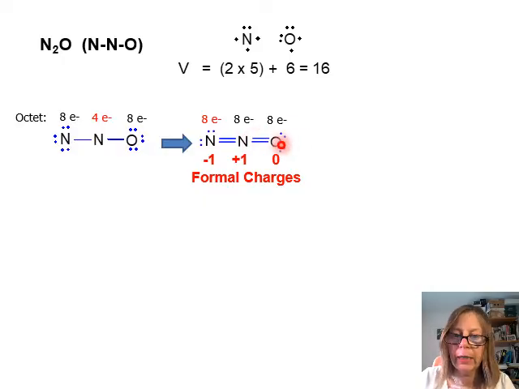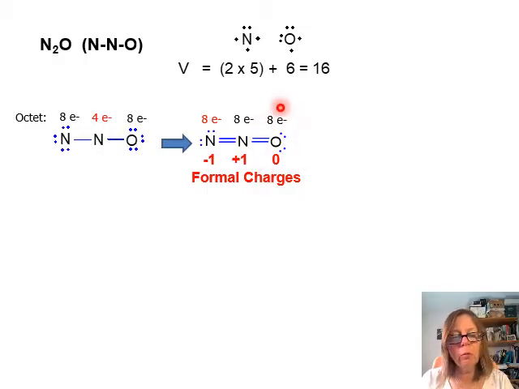The oxygen here has 1, 2, 3, 4, and then 1 electron per covalent bond, 5, 6. It has 6 electrons. The formal charge is 0. So here we have a molecule with a -1 on the nitrogen and a neutral oxygen.